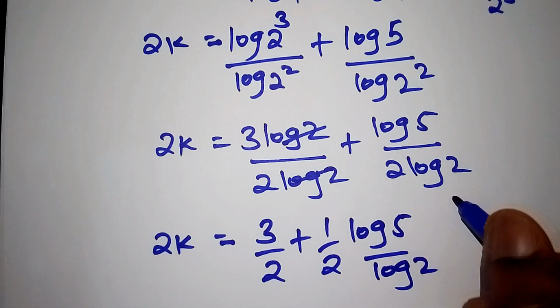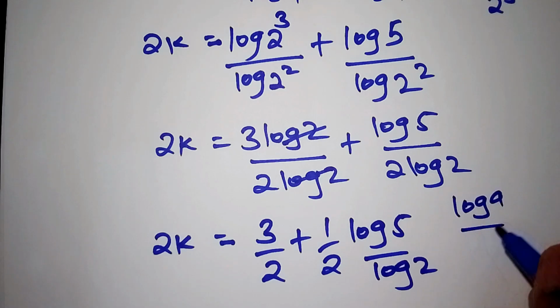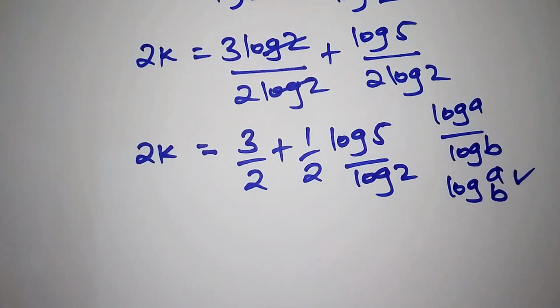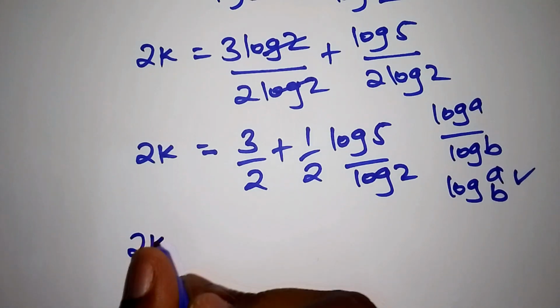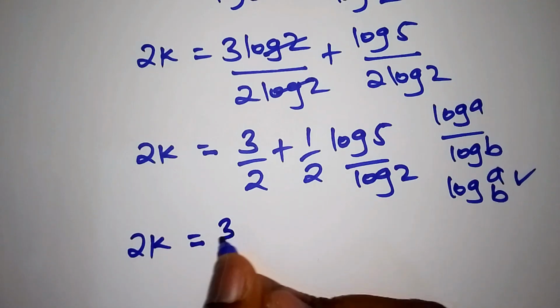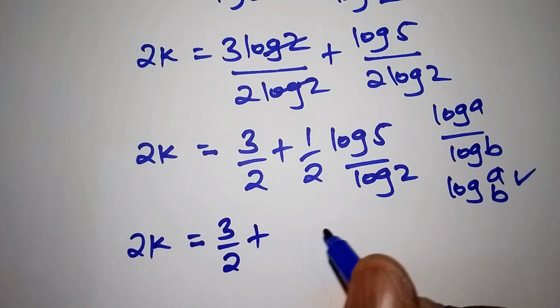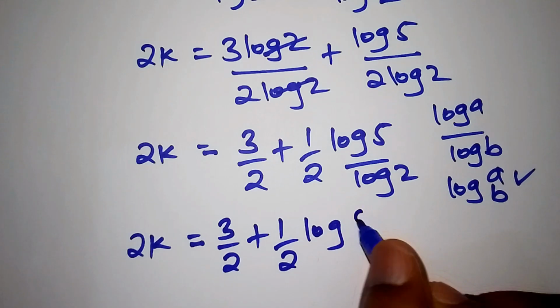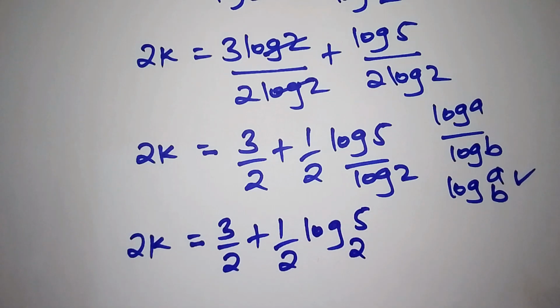Remember that when you have the log of a all over the log of b, we can write it as the log of a to the base of b. Taking that into consideration, 2k is 3 over 2 plus 1 over 2 times the log of 5 to the base of 2.